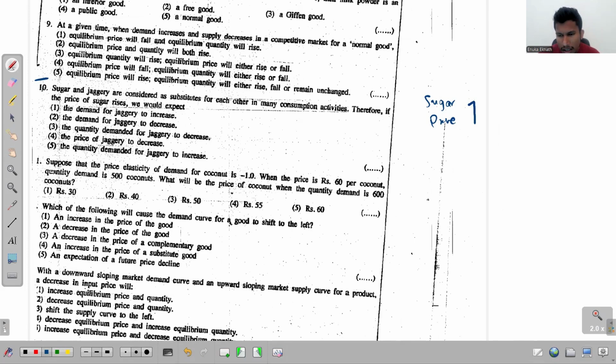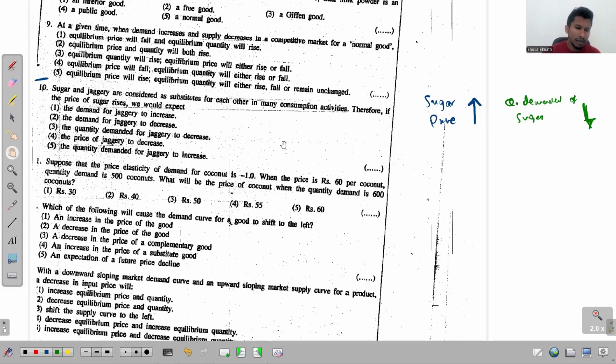Sugar price increases. And as the immediate result, what we can experience in the market, the quantity demanded of sugar will decrease. As the immediate effect, right?